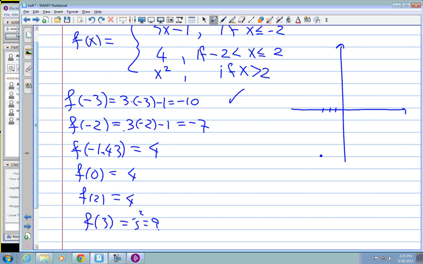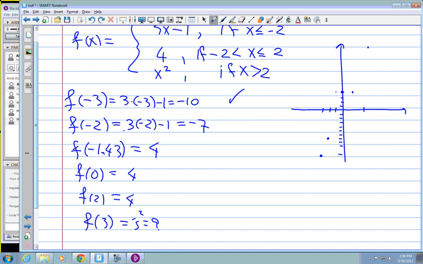Use it. You know negative 2, negative 7, so 1, 2, 3, 4, 5, 6, 7, 8, 9, 10. So negative 7 is somewhere here. You know those points, and you know something's going on with a 4. You have a bunch of points here, and then you have a 3 and a 9. So you know those points at least.